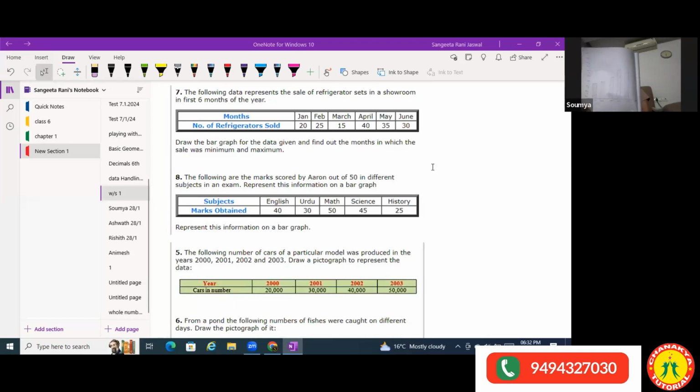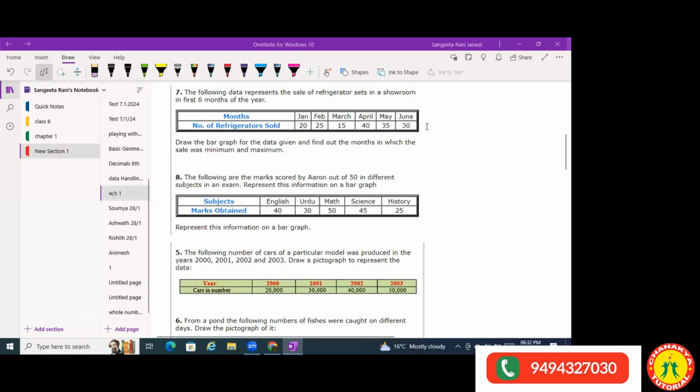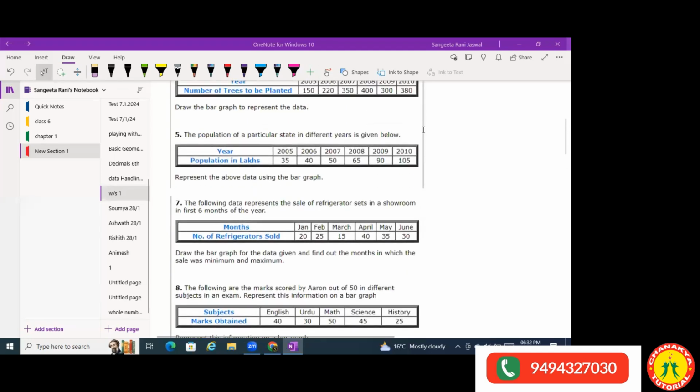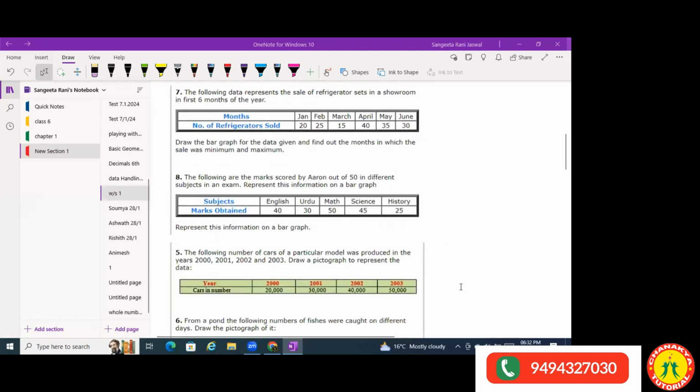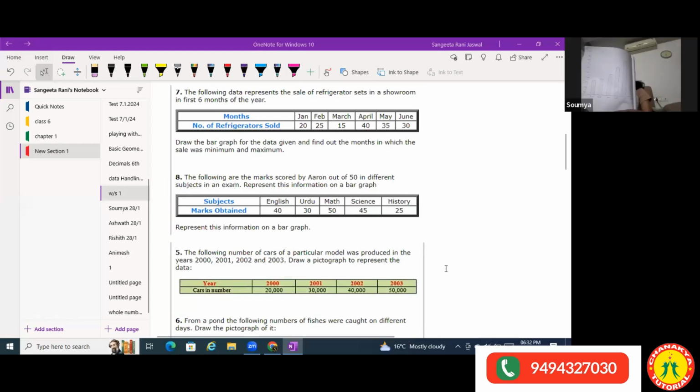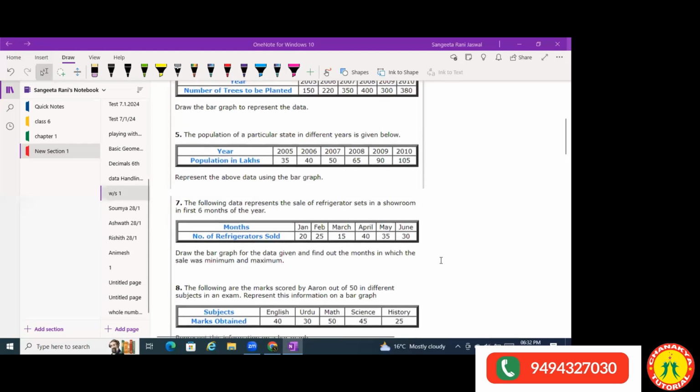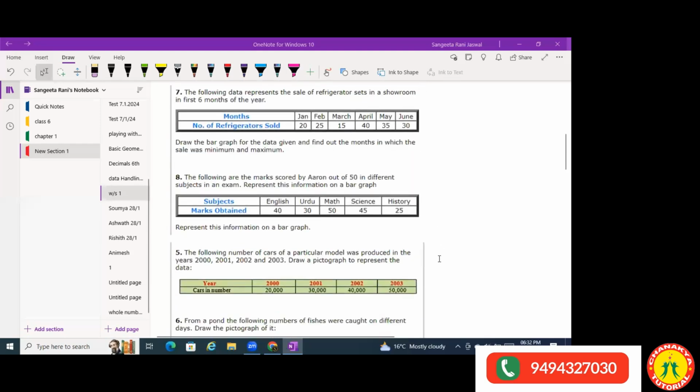Fifth one, let me check. Fifth one is 35, 40, 50, 65, 90 and 105. Okay, what scale have you taken, Soumya? Ma'am, 10. Okay, 10 is correct. Good, Soumya. Move on to the next one.